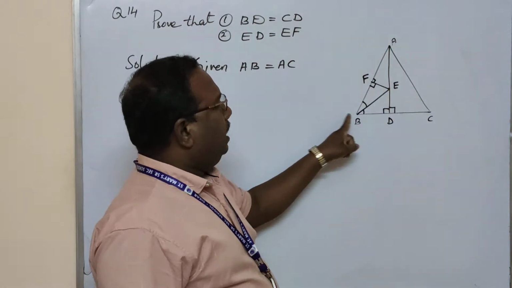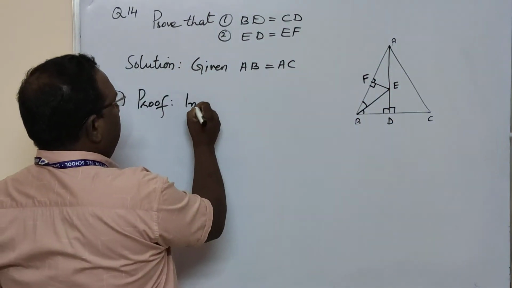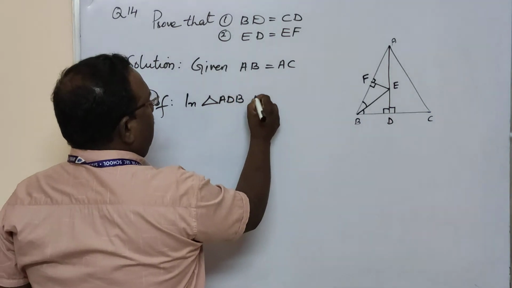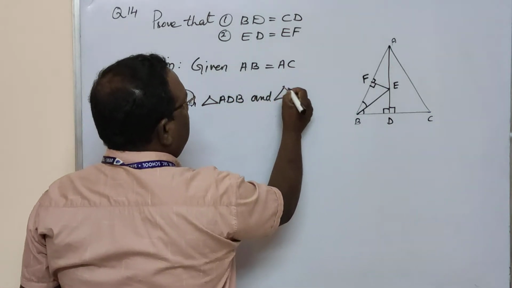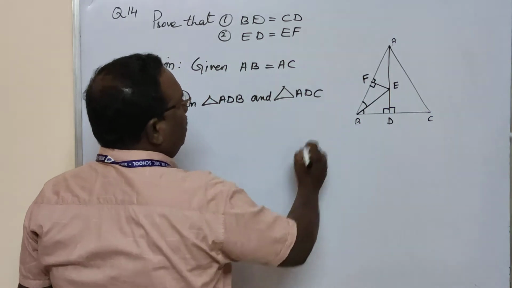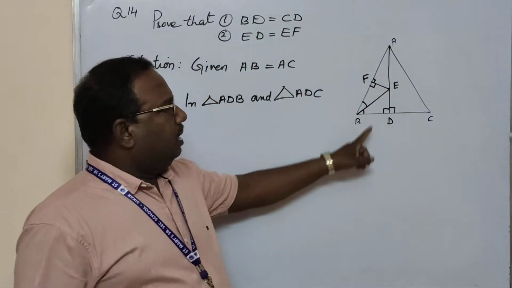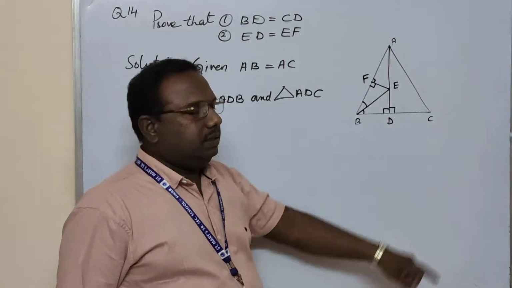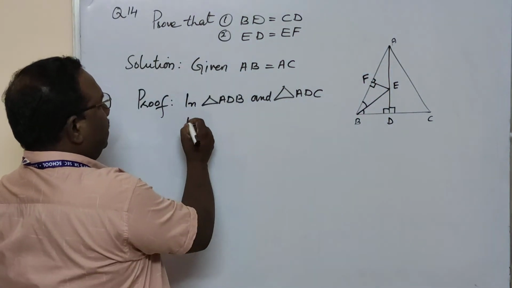In triangle ADB and triangle ADC. Look at the board very carefully. This is triangle ADB, here is triangle ADC. Point 1.